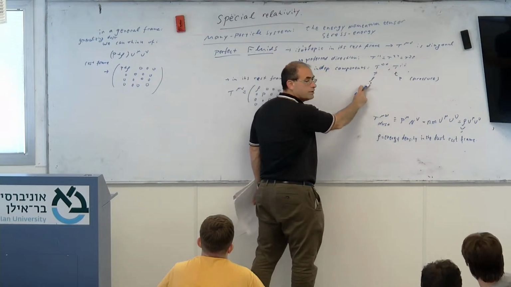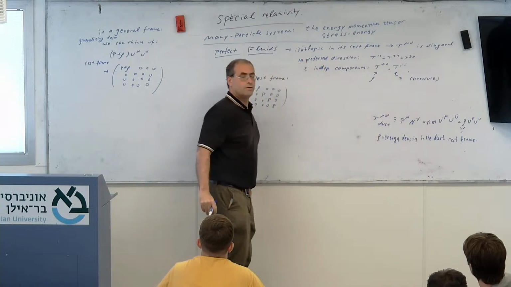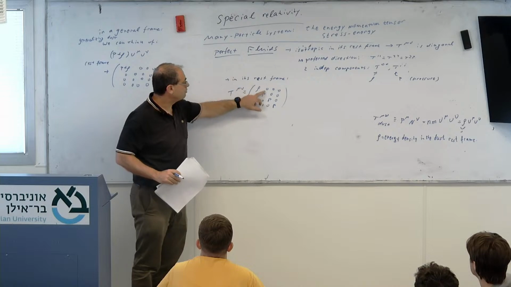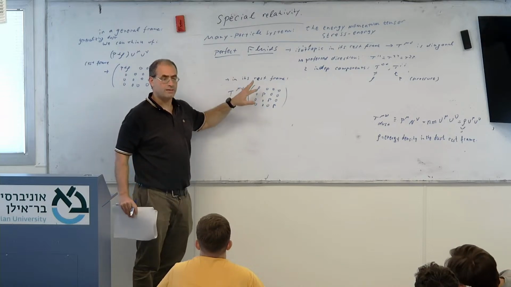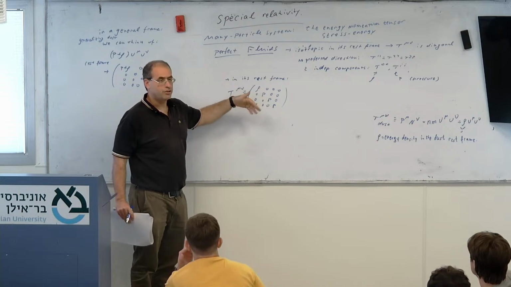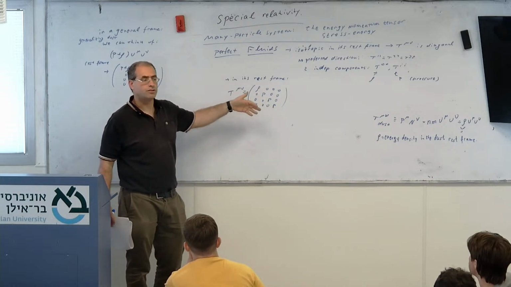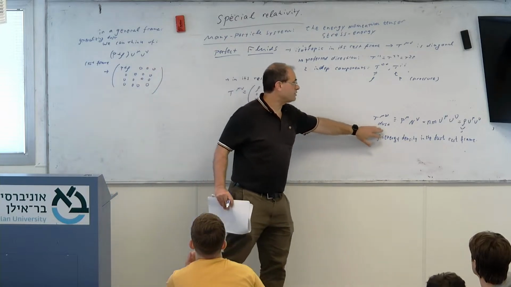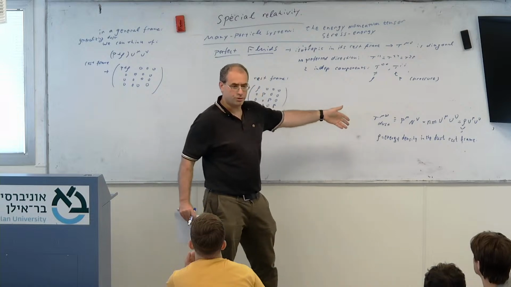T00 I call rho, energy density, Tii I call P. So in the rest frame, T mu nu of a perfect fluid should look like that. Now I'm asking, how is that going to look in general? I want to have a general definition which is true in any frame, not just the rest frame. So I'm saying, okay, let me try to generalize what happens with the dust at 0 pressure.